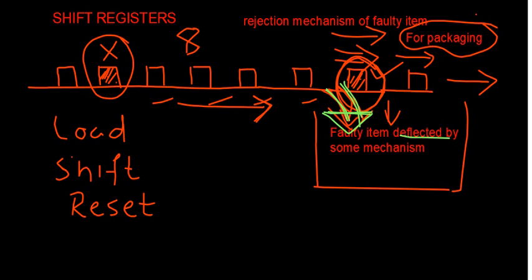You may have some kind of mechanical action taking place there, so this deflecting mechanism should come into the picture. So at least two inputs and one output are required here, along with the internal relays required for loading, shifting and resetting operations, right? So accordingly we should be able to draw the ladder diagram here.